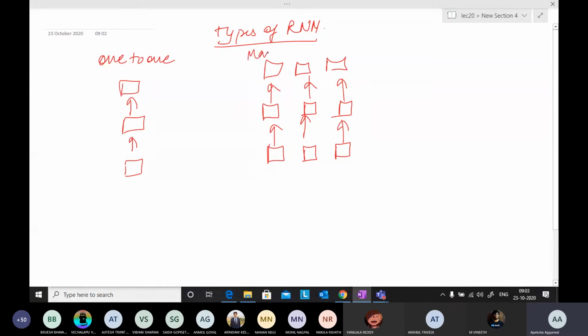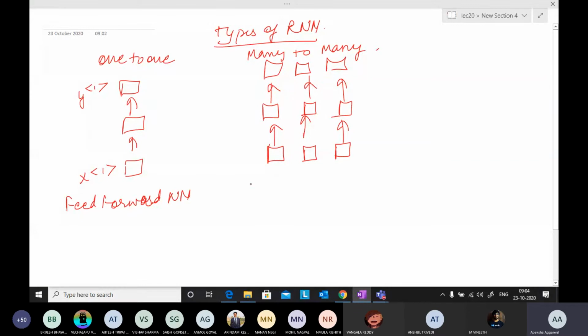Here we have only one X and one Y. This is the example of a simple feed forward neural network that we have studied in the first unit. This is also called a vanilla neural network. So this is an example of one to one. We have trained so many images and so many other things on this type of network simply.